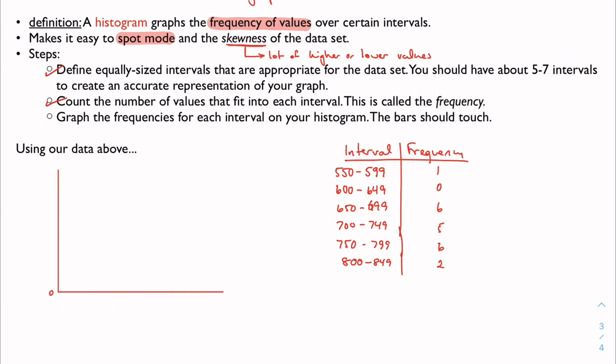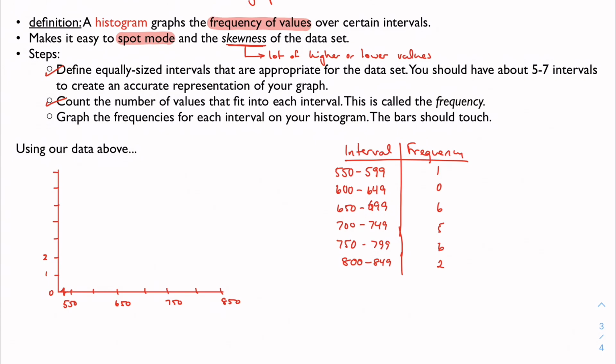So even though we're going to start the graph at 0, I'm going to break the graph and start it at 550 just to fit all my information on the page. 600, 650, 700, 750, 800, 850. And then I need to make sure I've got at least 6 bars here. Cool. I like to label the first couple just so I know what I'm counting by.